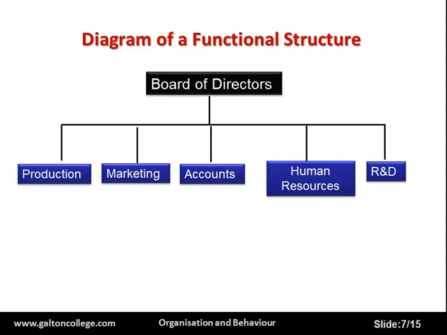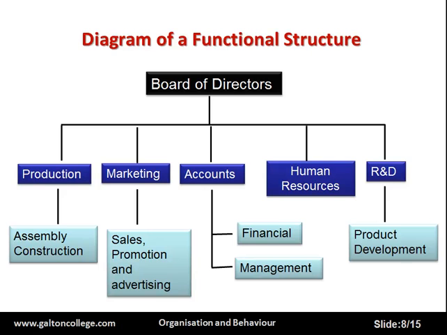So we may have these various broad functional structures subdivided as well. Depends on the complexity of the business. But we can see that we have various types of substructure possible.